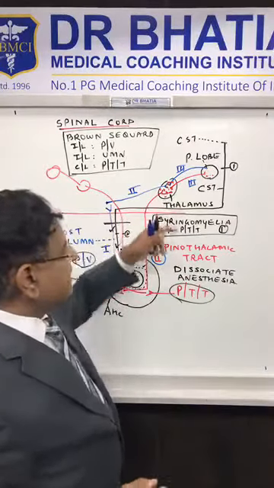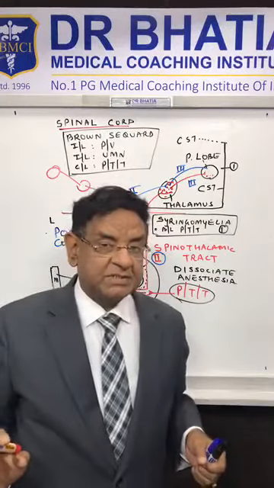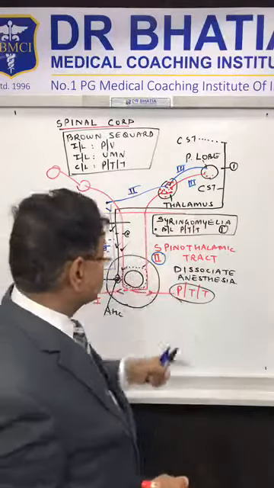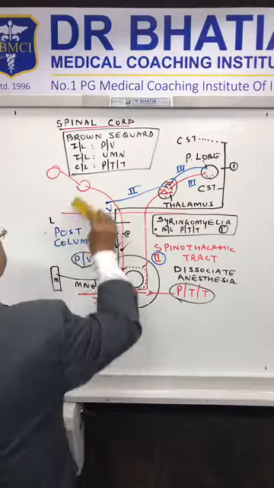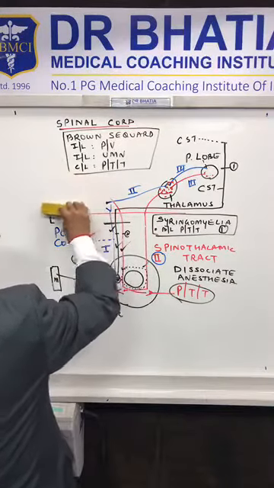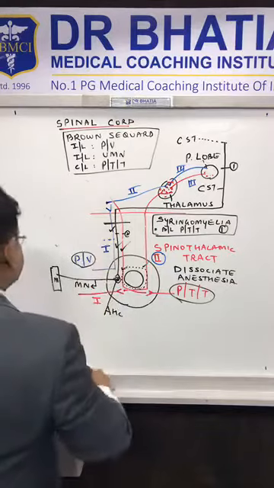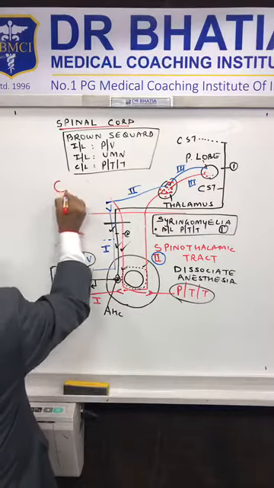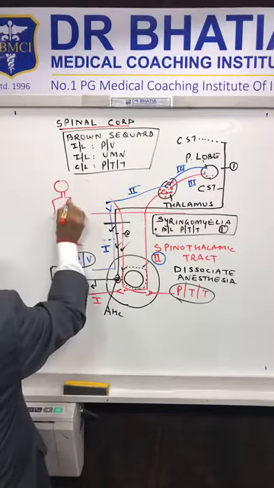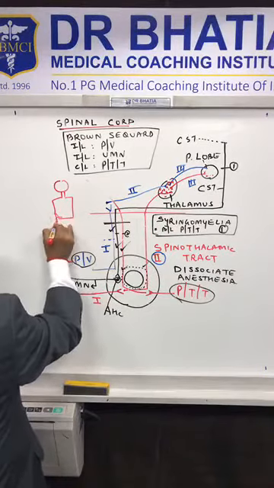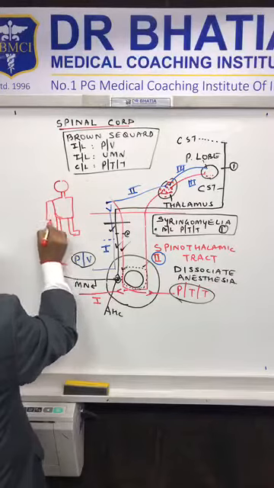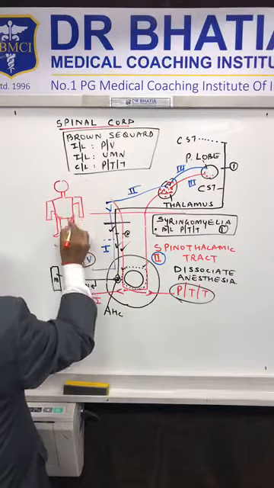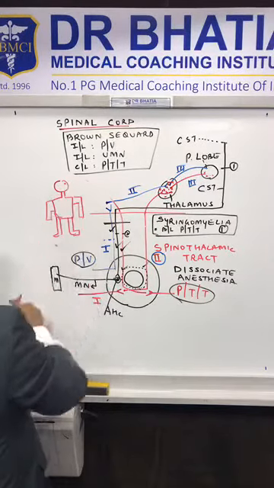All sensations have gathered in the thalamus. Right-sided thalamus. So what will happen to the patient? He will come with a complaint of... so he has a right thalamic bleed.